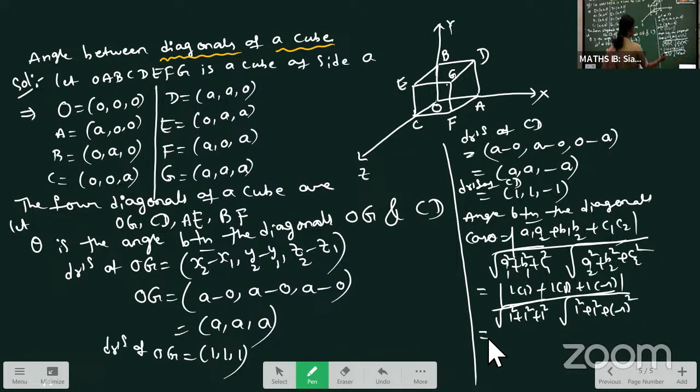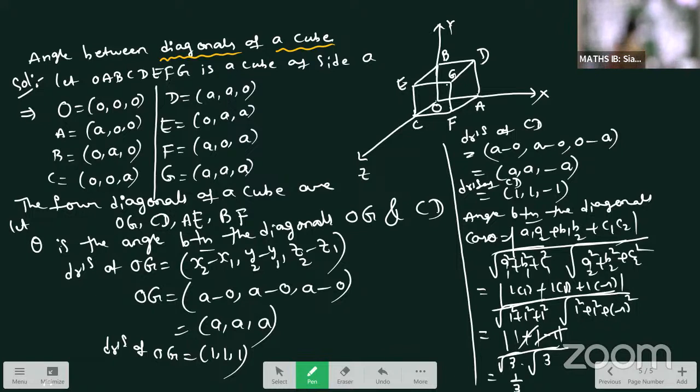So simplify: modulus of 1 into 1 is 1, plus 1 into 1 is 1, plus 1 into minus 1 is minus 1, by under root of 1 square plus 1 square plus 1 square is 3, into again under root of 1 square plus 1 square plus 1 square is 3. The plus 1 and minus 1 cancel in the numerator. So we got 1 by root 3 into root 3, that is 3.